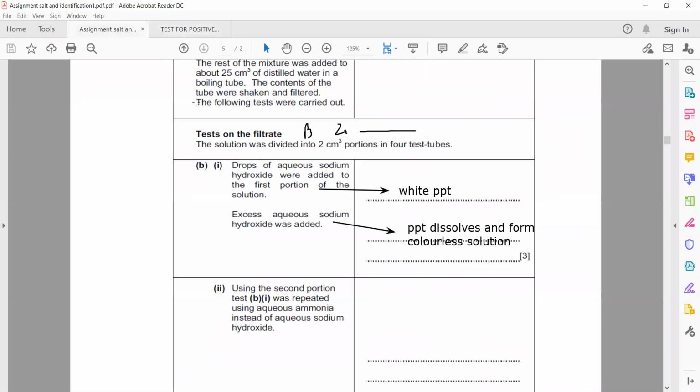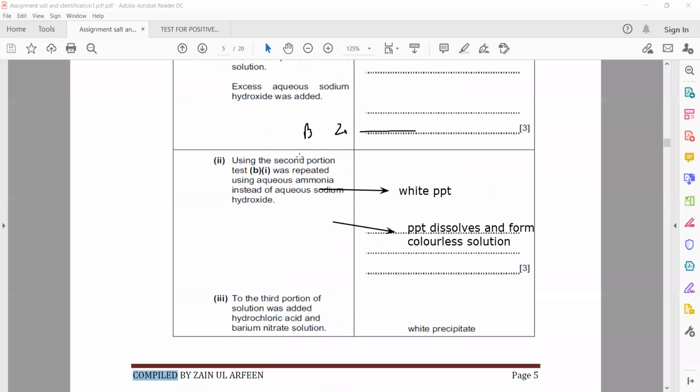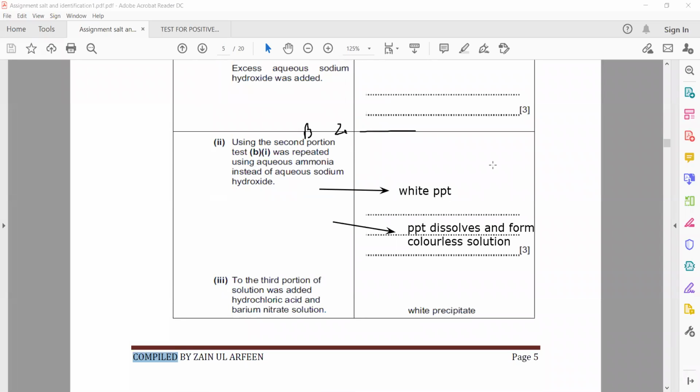So first it will form a white precipitate, and then the precipitate will dissolve and it will form a colorless solution.